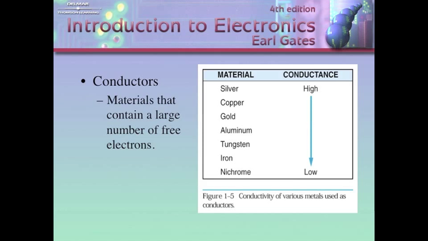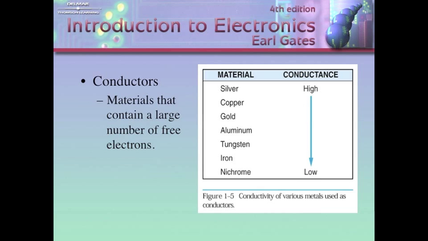So if it's got 3 or fewer electrons in the valence shell, what does that tell you about that level of the parking garage? It has space. 3 is a low number. I'm sorry, because I didn't tell you how many it takes. The 3 is kind of a small number, so that means, if there's only 3 cars parked up there, there's space for me. That's what makes it a good conductor.